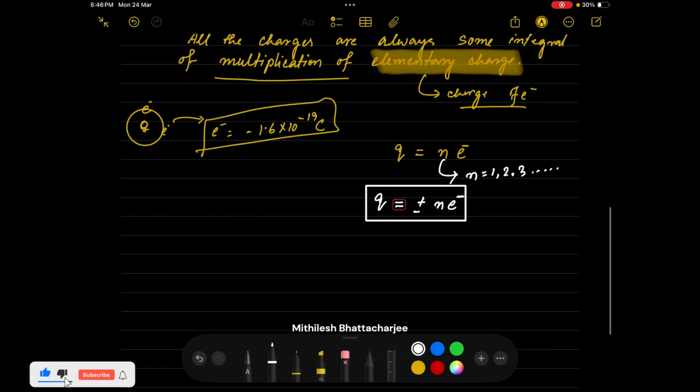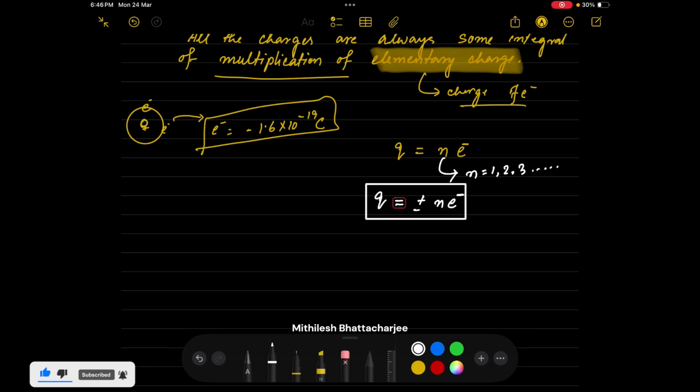Fine. So we can say that q is equal to 2e. Right, this is absolutely correct.